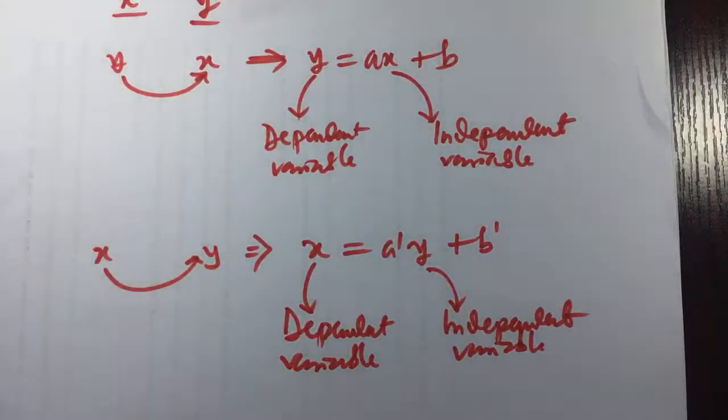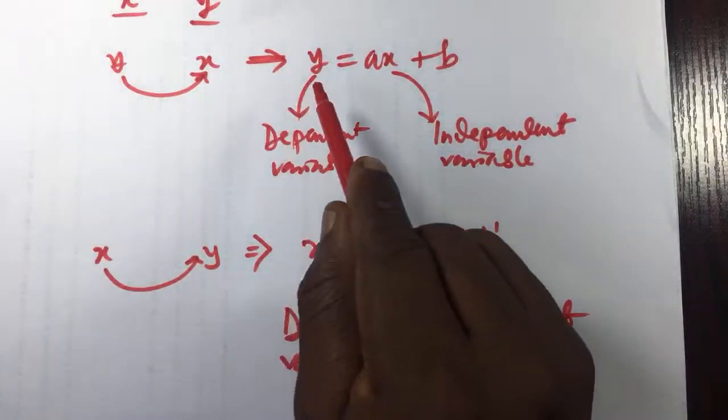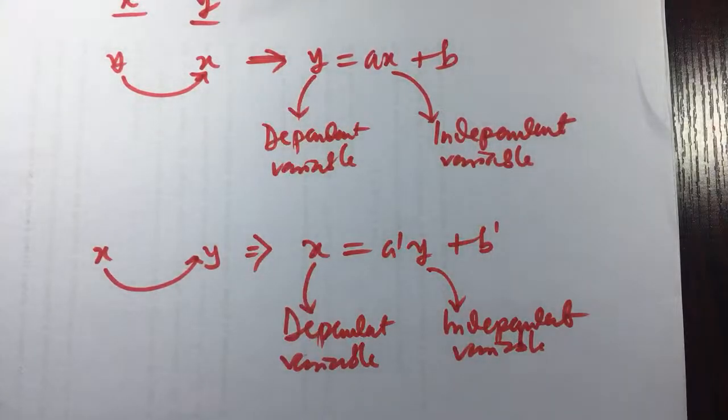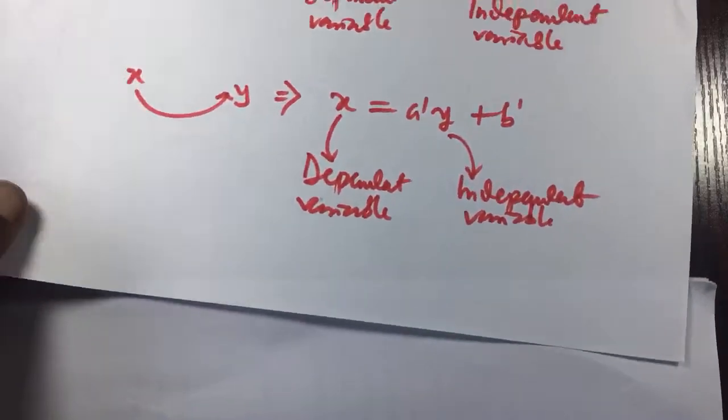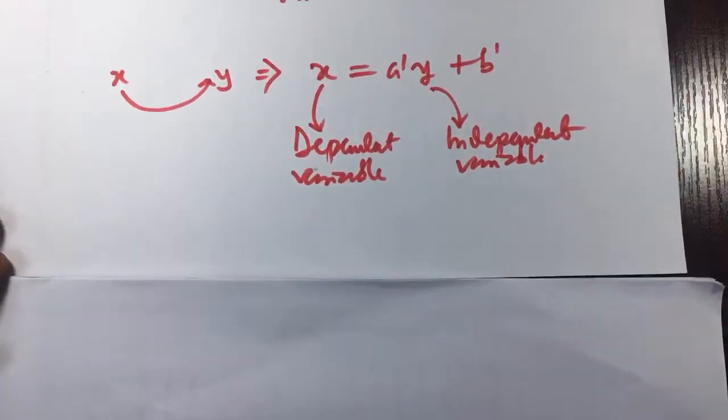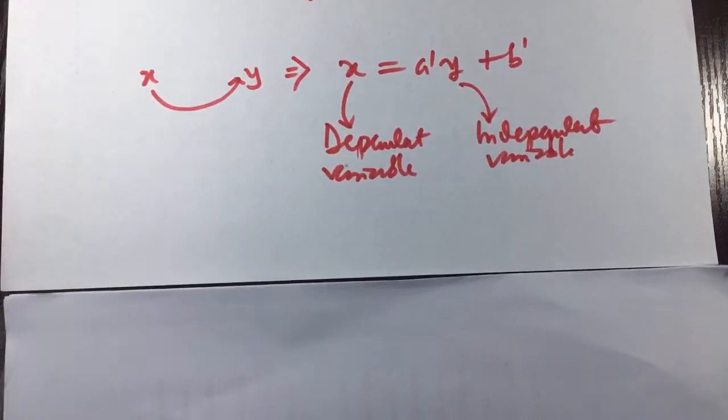Now, the implication of regressing y on x means that you are making y the dependent variable and x the independent variable. The implication of regressing x on y means that you are making x the dependent variable and y the independent variable. Now, another thing we said in that class, still continuing from this, was the next thing. So, what did we get?